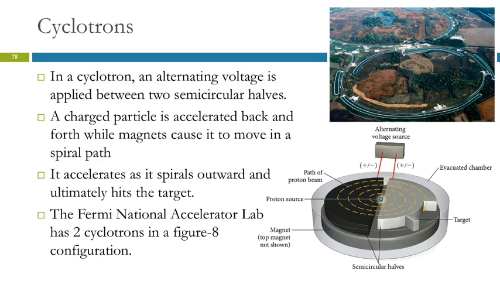That's a linear accelerator. And then we have cyclotrons. Here we've got an alternating voltage that is applied between two semicircular halves. So the charged particle gets accelerated back and forth, while magnets cause it to move in a spiral path. It accelerates as it spirals outward and ultimately hits the target.